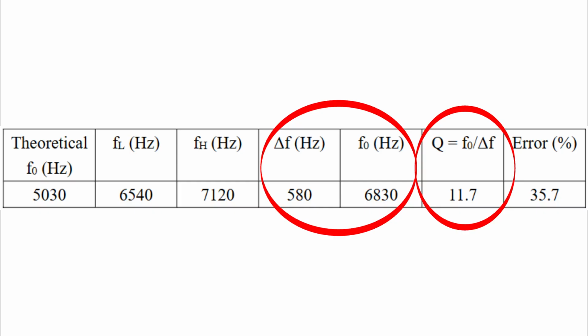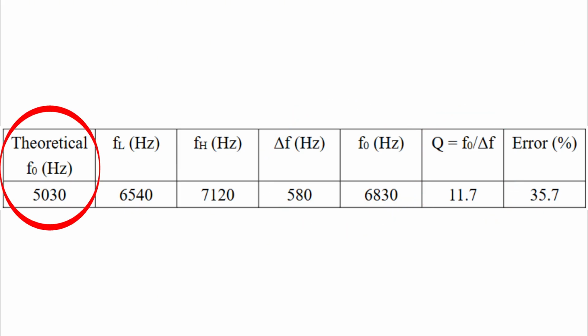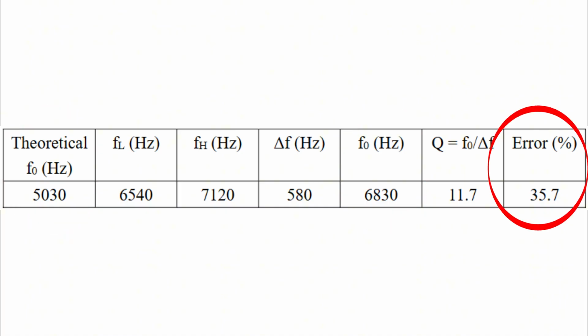Using the measured values, the Q factor is F0 divided by ΔF, which gives a value of approximately 11.7. The theoretical resonance frequency of the circuit is 5,030 Hz. Comparing the experimental and theoretical values, the relative error is approximately 35.7%.